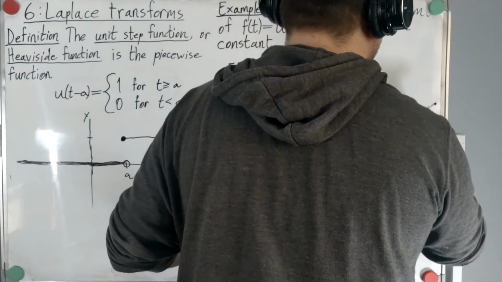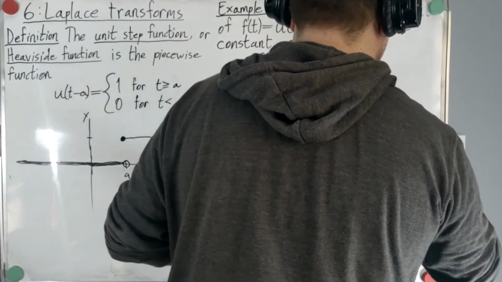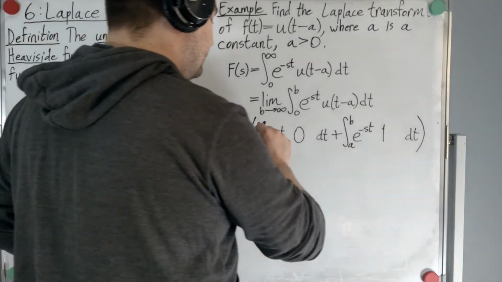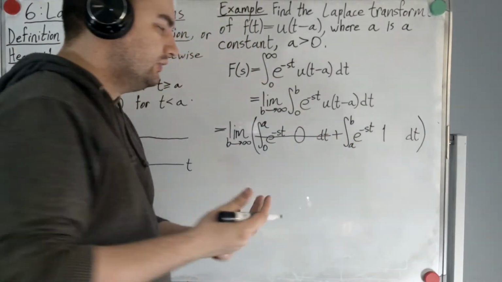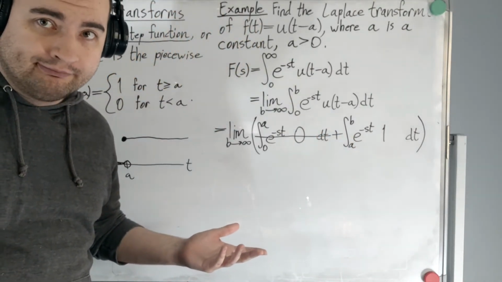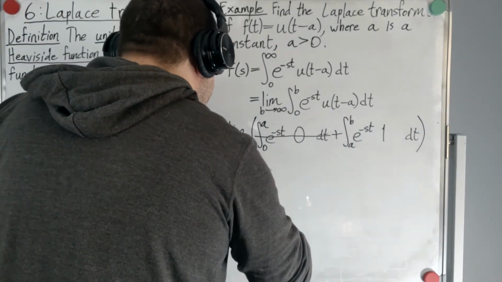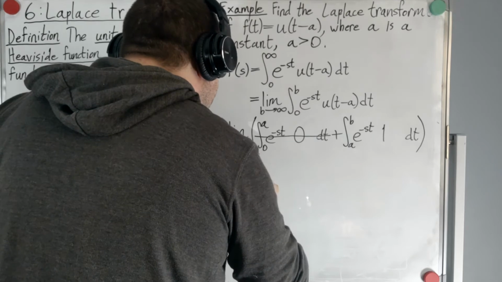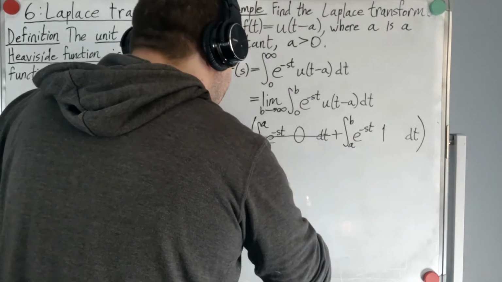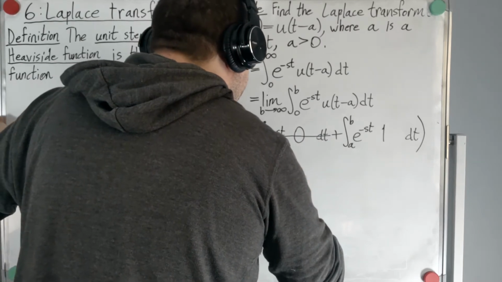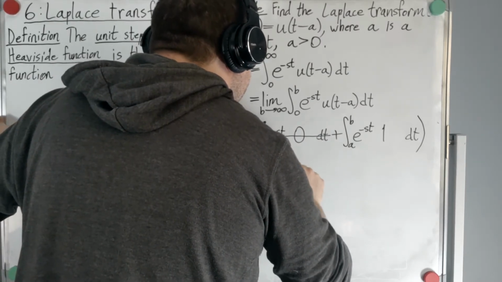This is just going to be 1. So altogether, the integral of 0 is just 0. And what we end up with here is the limit as b approaches infinity of the integral from a to b of e to the negative st.